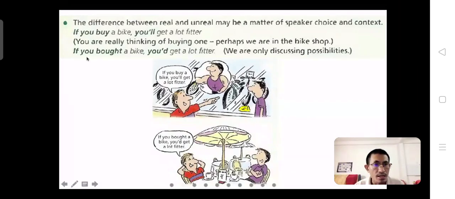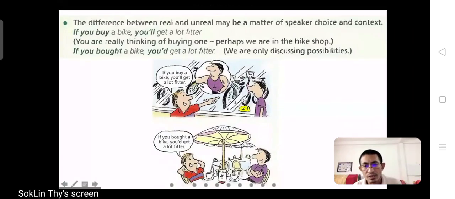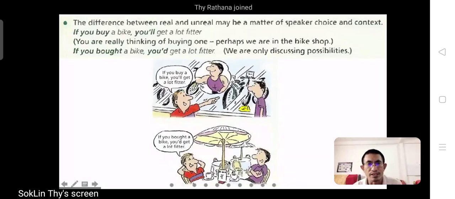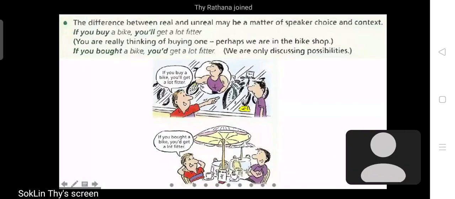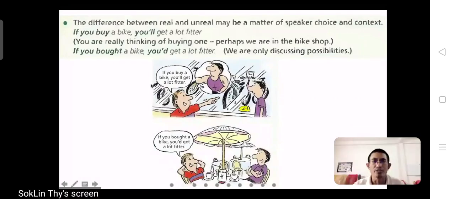However, when you use the second conditional, if you bought a bike, you would get a lot fitter, we are only discussing a possibility. Where are you now? You are now at a restaurant. Look at the context. In the first context you are in a bike shop, however in the second context you are at a restaurant, so you are just thinking about the possibilities.